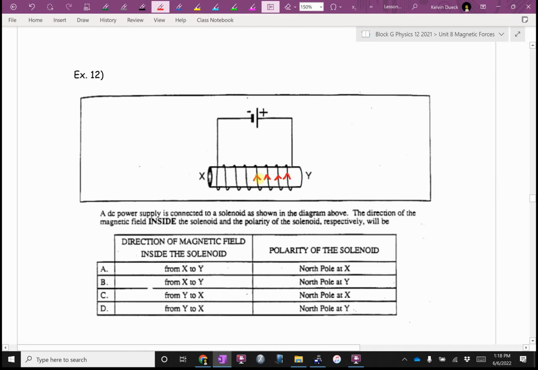I find it easier to draw the current arrows on. Which side is north, X or Y? When I followed the current from positive, I said, okay, it's coming over that way. X is north. Yes, no, yes, no.